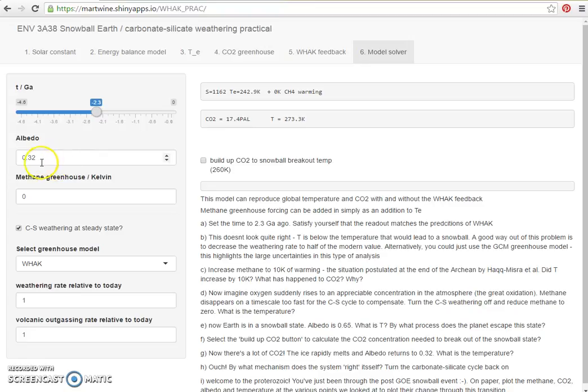Depends on what you have your albedo set to as to exactly what temperature you get in the solution to the model here. But we suspect it was quite a lot warmer than that.